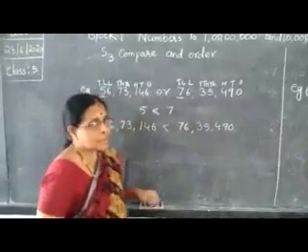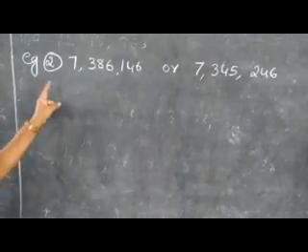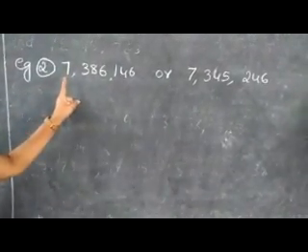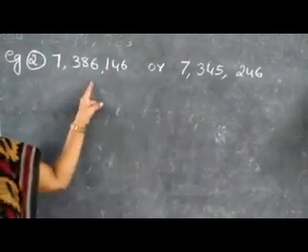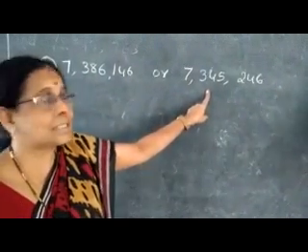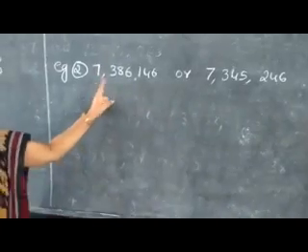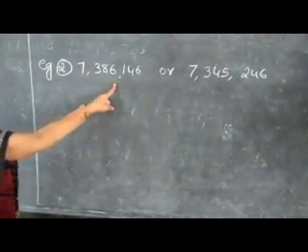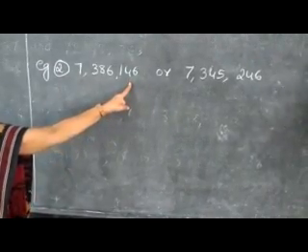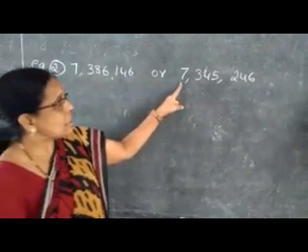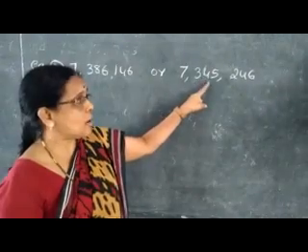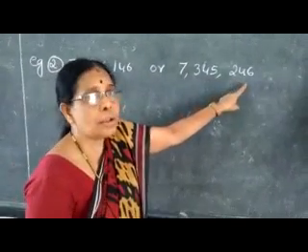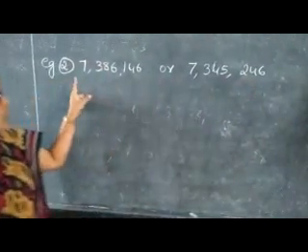Here is another example. Here 7 digits are there, and here also 7 digits, children. So now, 7,386,146 and 7,345,246. Now we have to compare.